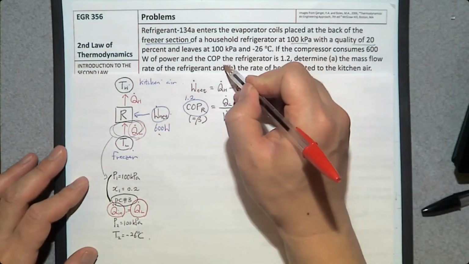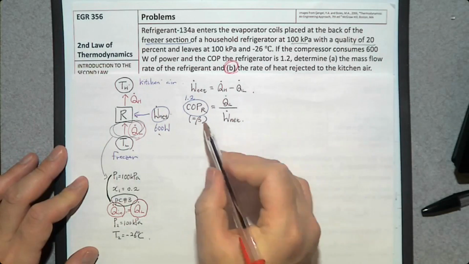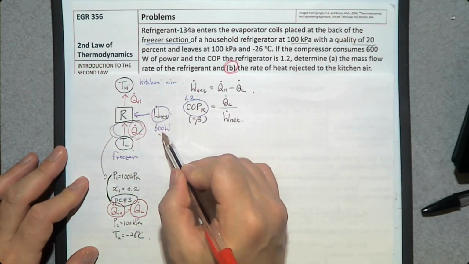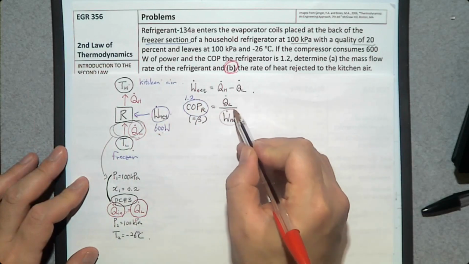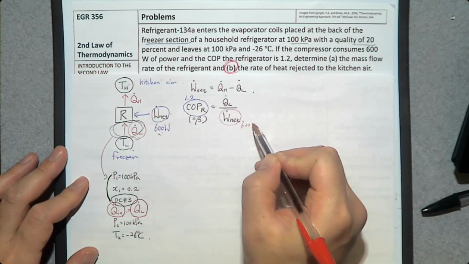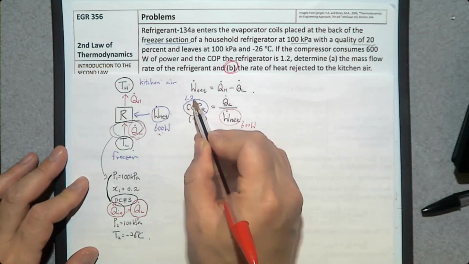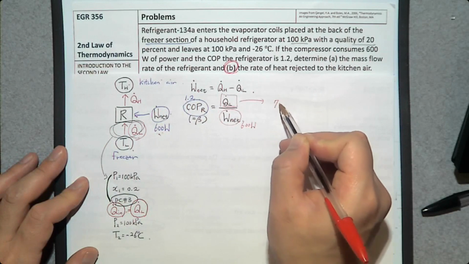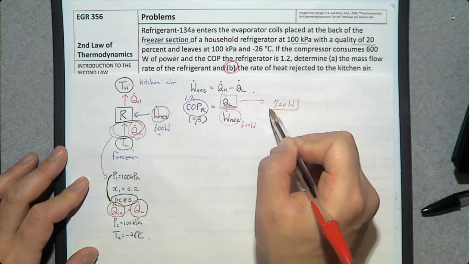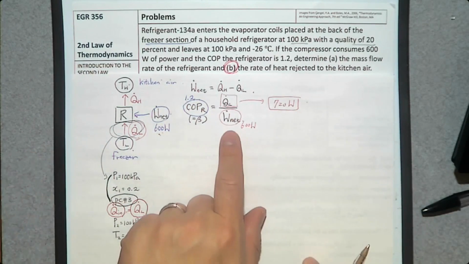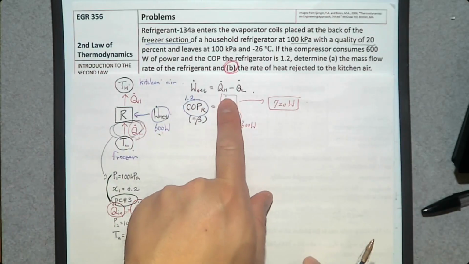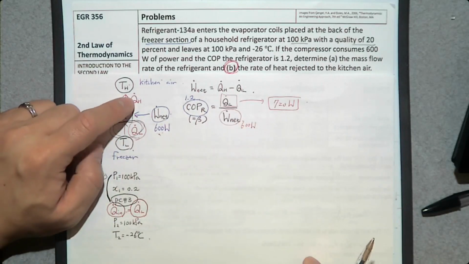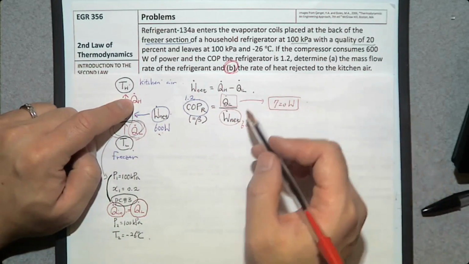We can solve this first. COP is 1.2, and we know the power is 600 watt. Then what is Q dot L? 720 watt. Then if you know W dot net and Q dot L, can you determine Q dot H, which is the heat rejection to the kitchen air? Yes, we can.